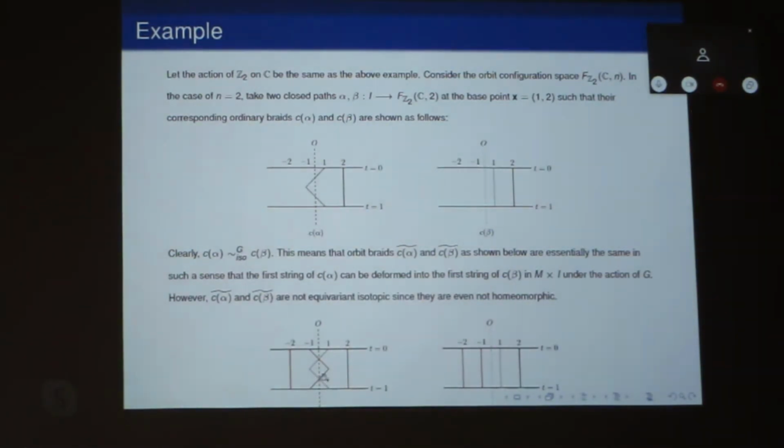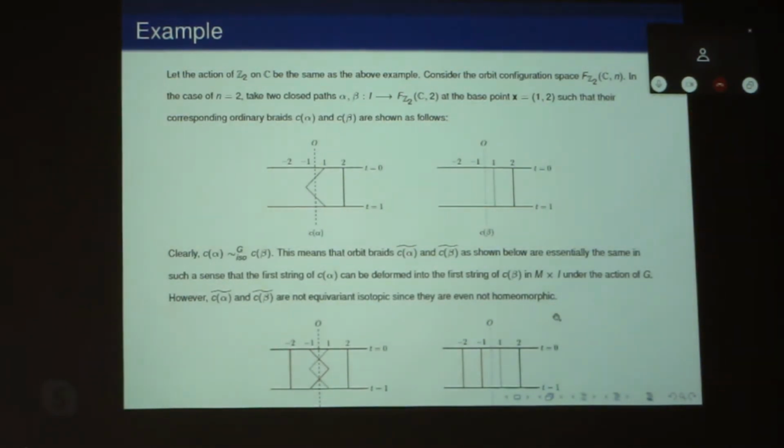But you can also untangle this intersection. In this case, finally you can change this one. But this braid and this braid are not homotopic.